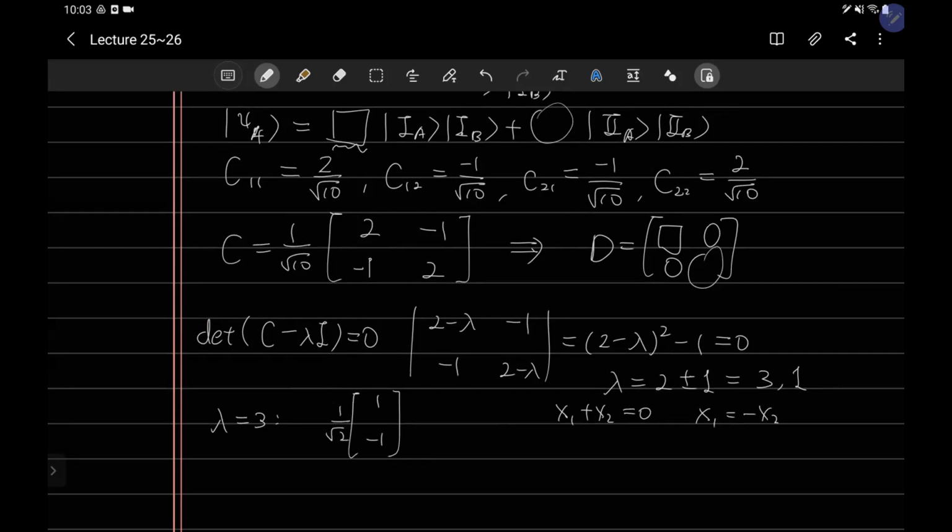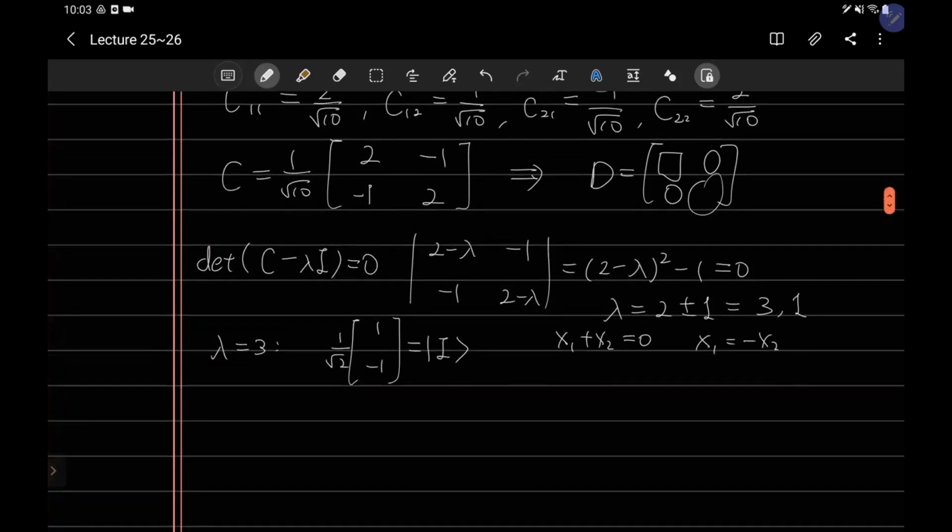We will call this the first basis vector. Another basis vector we have to find is when lambda equals 1. In that case, I should follow the same thing. Like before, it should be 1, minus 1, minus 1, 1, and x1 minus x2 should be 0 again.